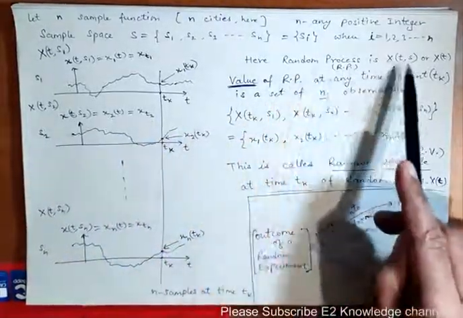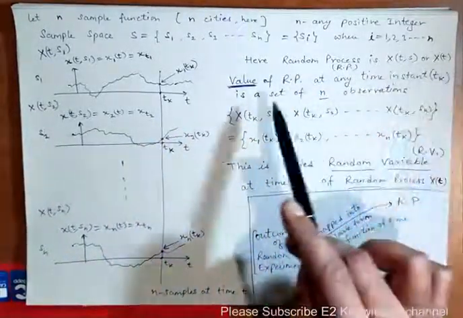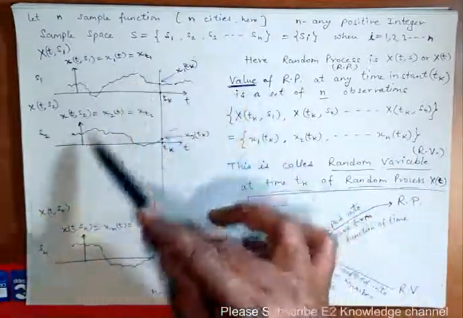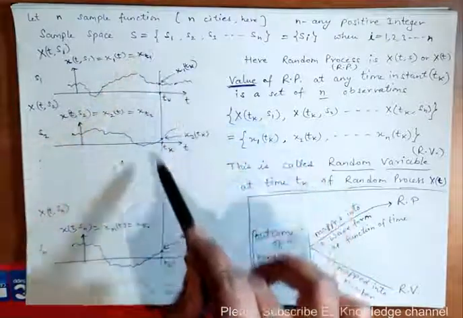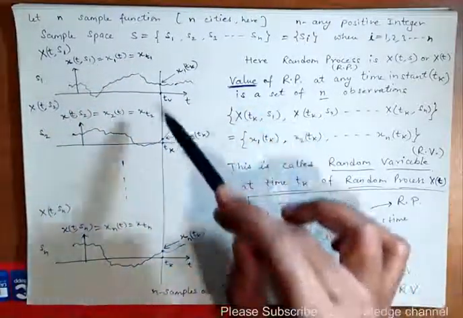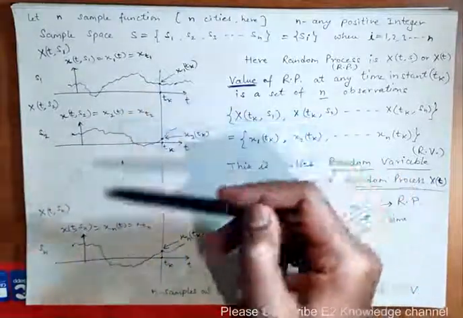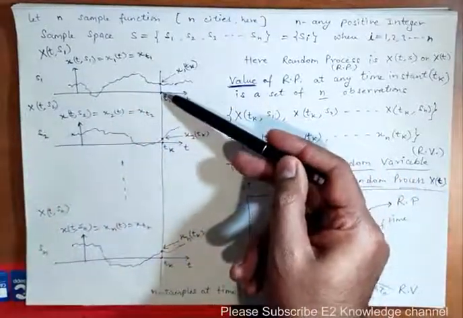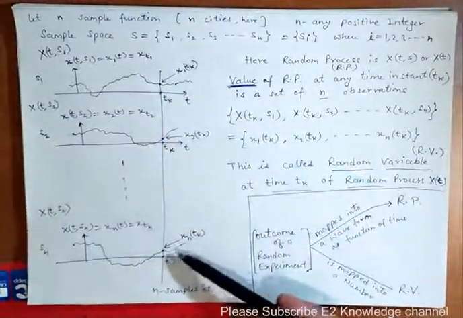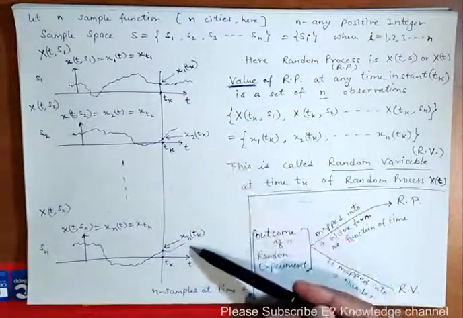Now the random process X(t, S), or X(t) in easy form. Let's find the value of this random process at a certain instant of time, that is tk. So at that time tk, we must have n observations: observation 1, x1(tk), observation 2, x2(tk), observation 3, x3(tk) and xn(tk).